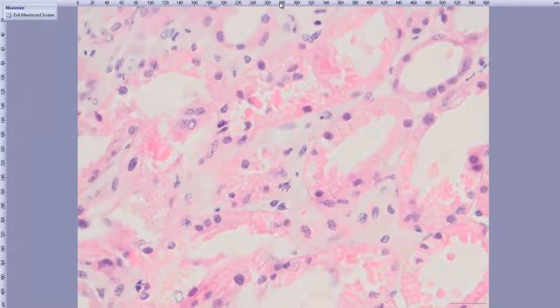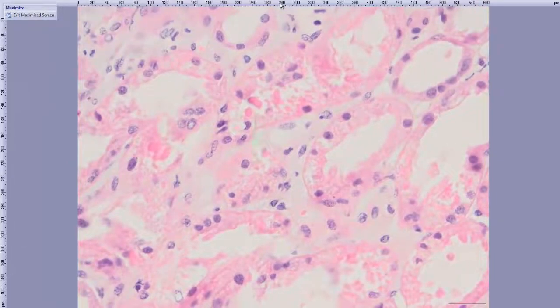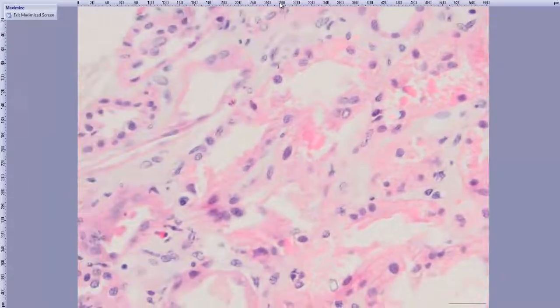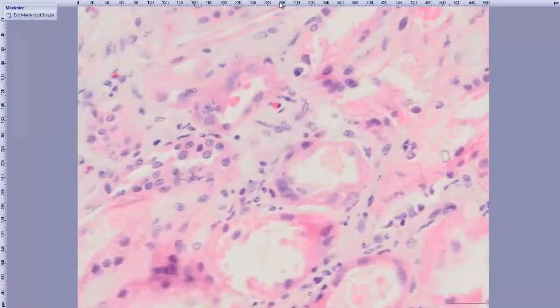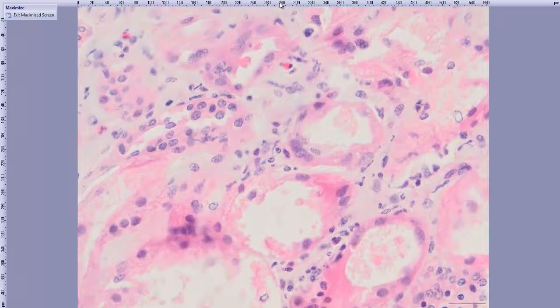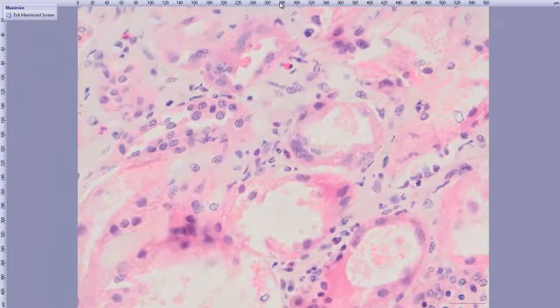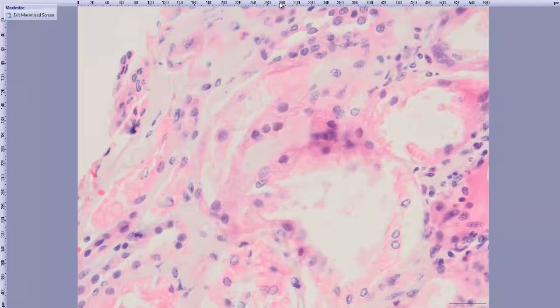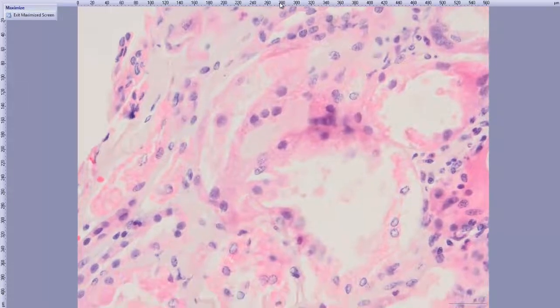Some of them are much bigger and like casts within the lumen. They've been cast within the lumen. You can make out the degenerative and regenerative changes within the tubular epithelial cells, that these tubules are acutely damaged.